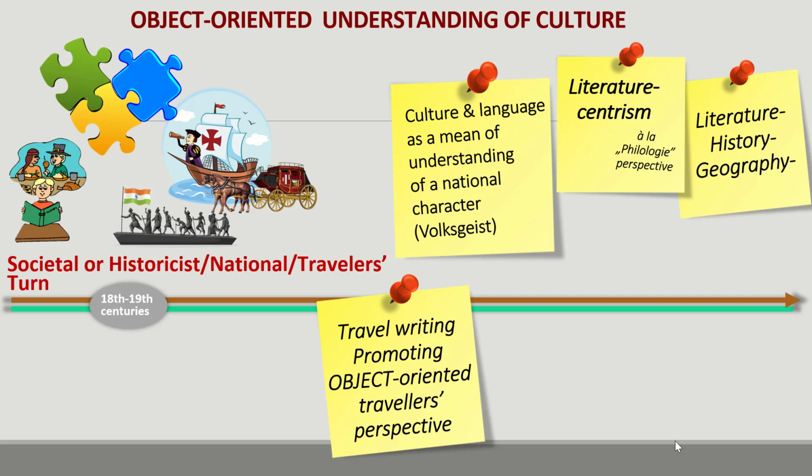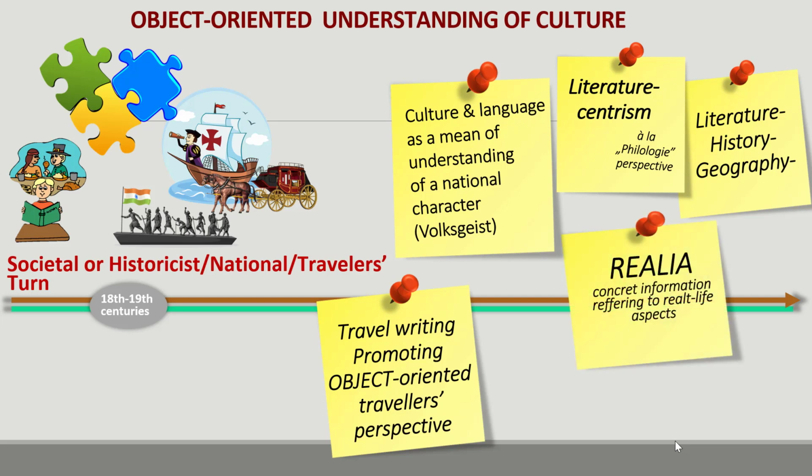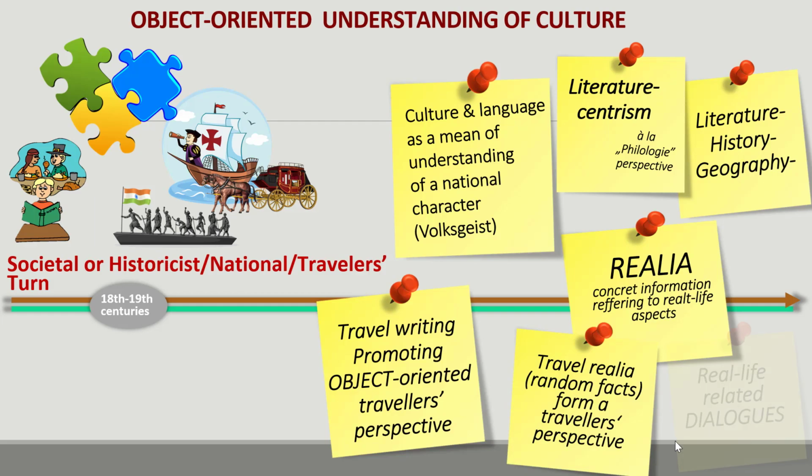It was travel writing which provided information on foreign cultures by presenting them from a subjective perspective of a traveler. The interest in other cultures was mainly manifest as the interest in realia, object-oriented information on real-life culture in other countries, including travel realia and conversational realia.